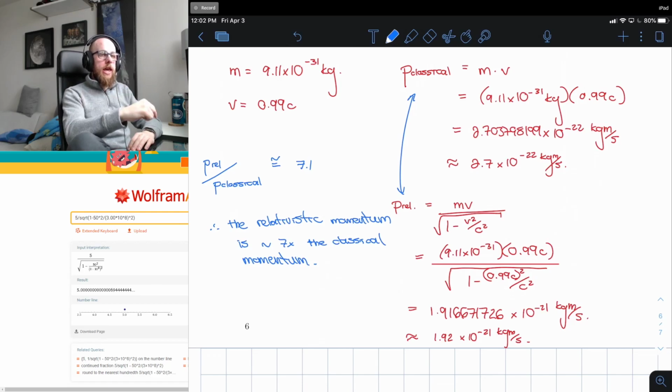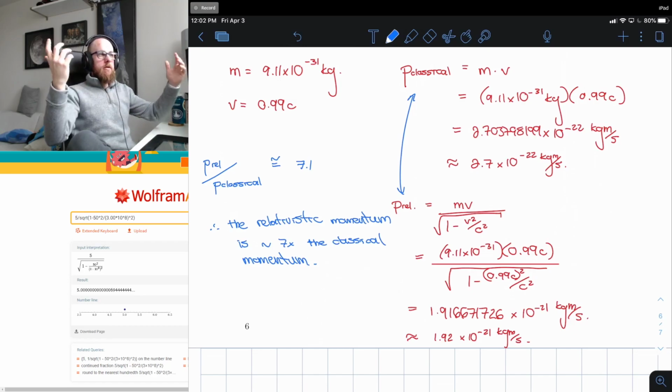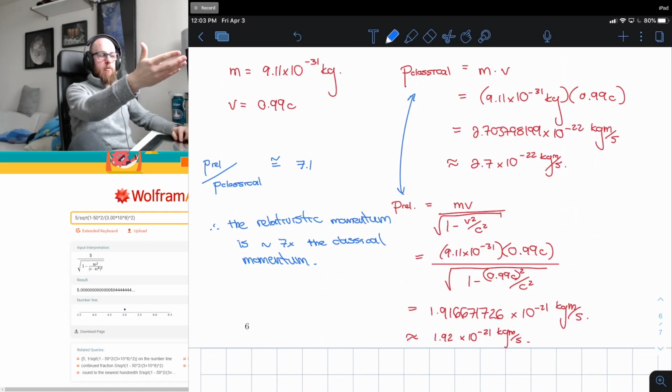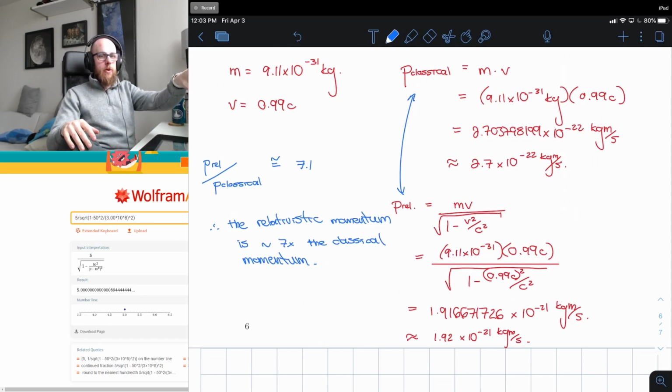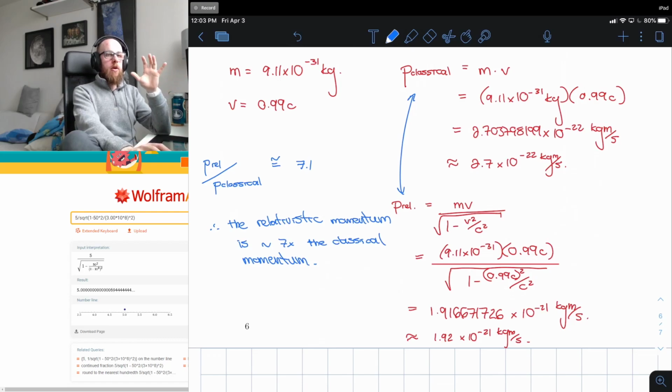If you're not taking into account the fact that momentum is different when things are moving very fast, well, your experiment is pretty much garbage, right? Because you're missing a factor of 7 when you're trying to conduct this experiment, right? So accounting for these relativistic effects when things are moving at very high speeds becomes increasingly important when you're trying to apply this in experimental settings or what have you.